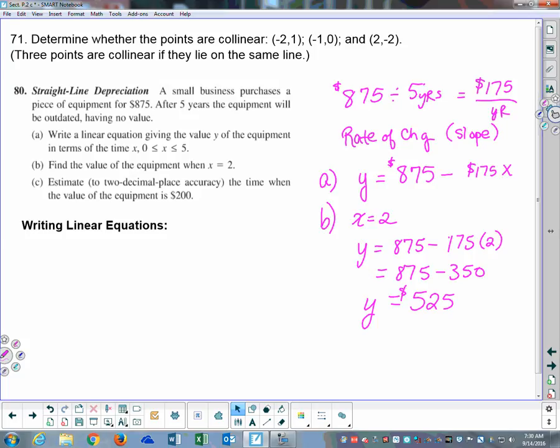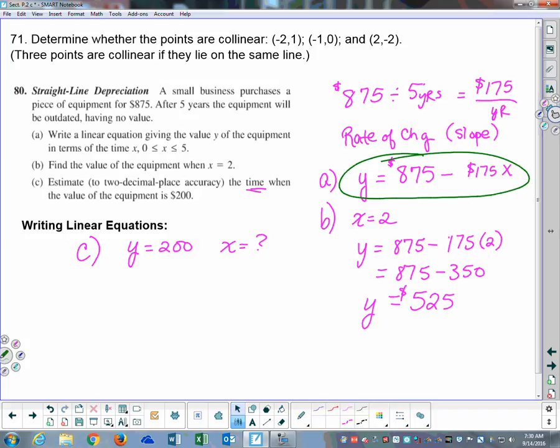Part C, estimate to 2 decimal places of accuracy the time when the equipment is $200. So I want to know when y equals $200. So what is my x value then? Well, let's take our equation and calculate it out. So y is 200, $875 minus 175x, and solve for x.